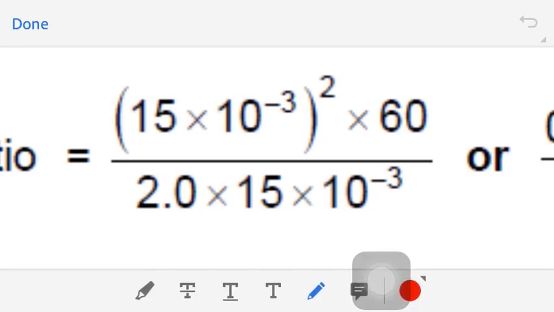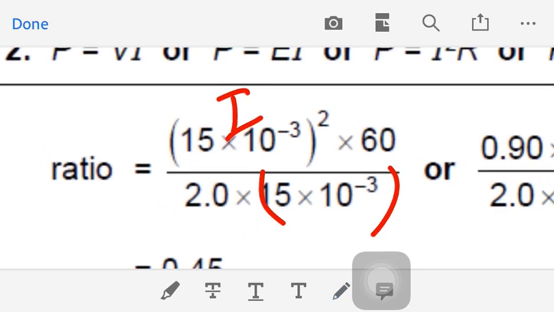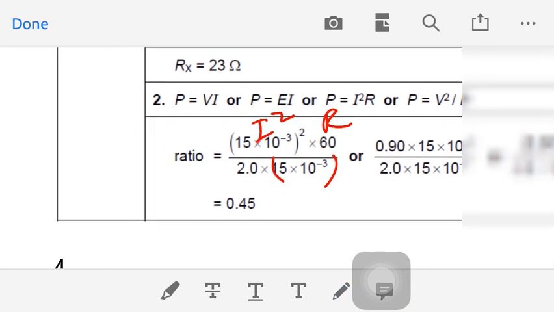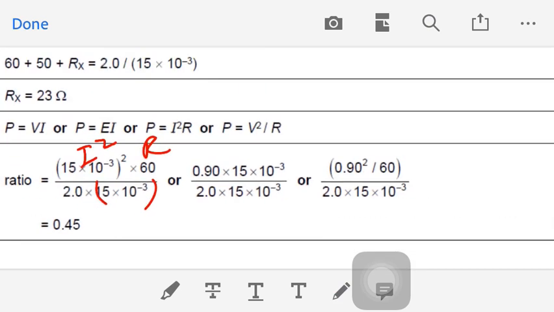so this is your I and this is your V, 2 volts, 15 milliamps, and this is your I squared, and here's your R value, and you calculate 0.45, and you can similarly use the other equations as well.